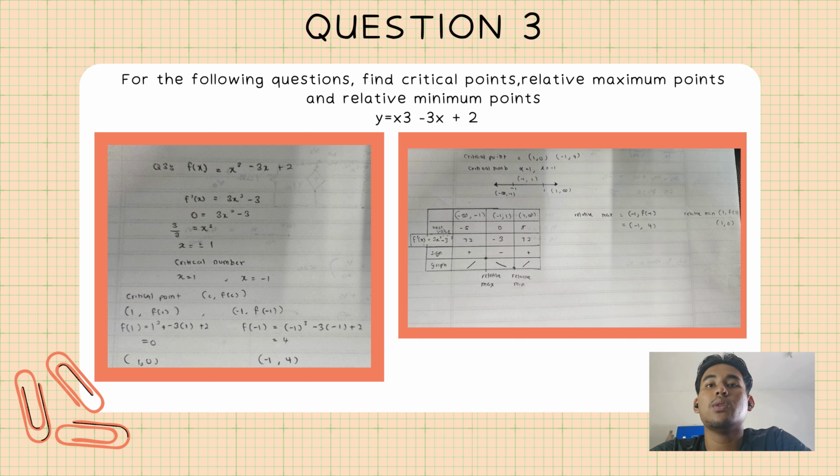After that, we know the sign. If positive, it will be like this, and if negative, it will be like this. So from that table, we know which is relative maximum and relative minimum. So relative maximum at the point (-1, 4), and relative minimum at (1, 0). Okay, that's all.